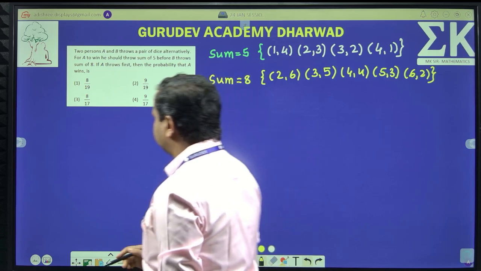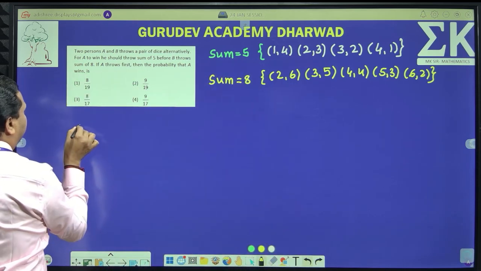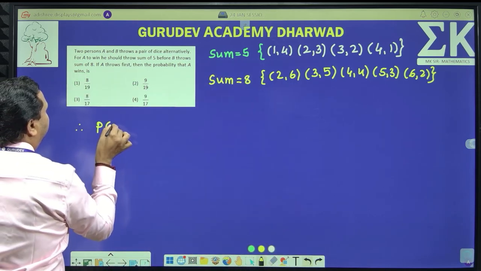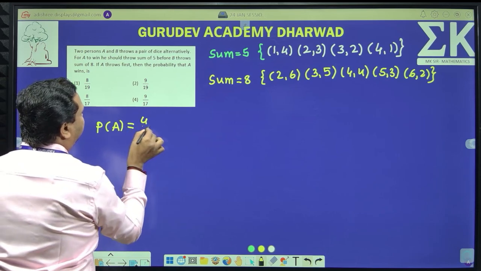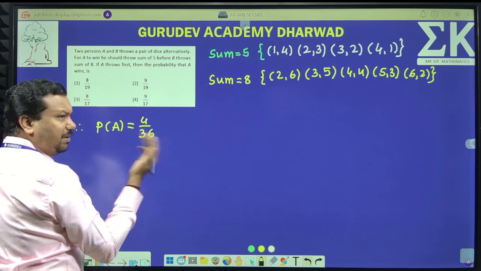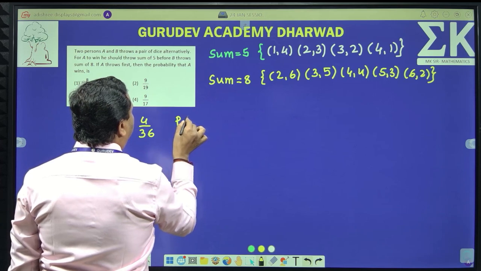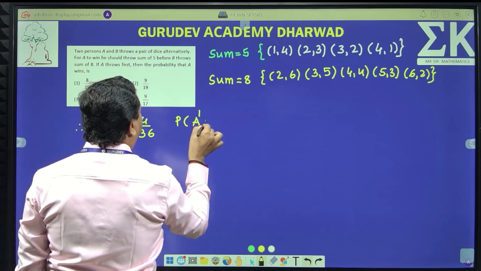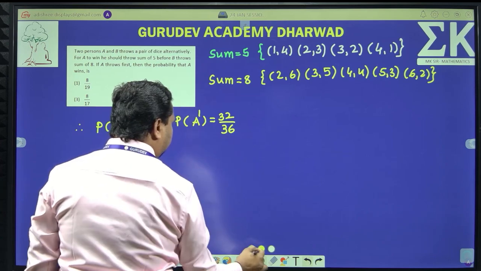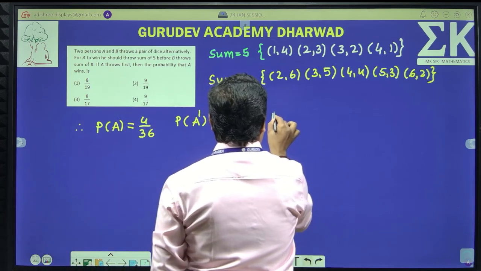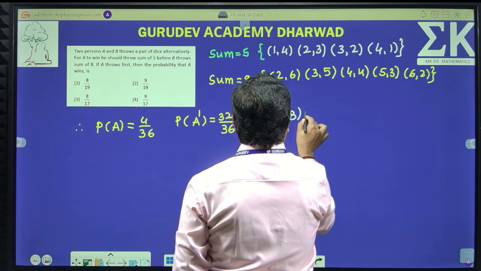These are the possibilities. Therefore, what is the probability of A? Let us understand. 1, 2, 3, 4. 4 divided by 36. That is the probability that A wins. What is the probability that A fails? 32 by 36. Similarly, what is the probability that B wins?